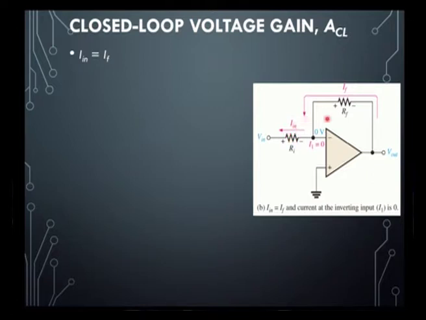So, IN is equal to IF is the very first assumption that we made to derive the closed loop voltage gain of an inverting amplifier. I1 is 0, and IN and IF are both equal. Voltage across RI is equal to V in, because the resistance is connected to virtual ground at the inverting input of the op amp.